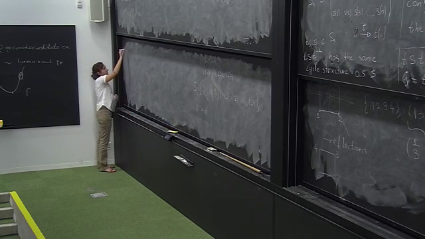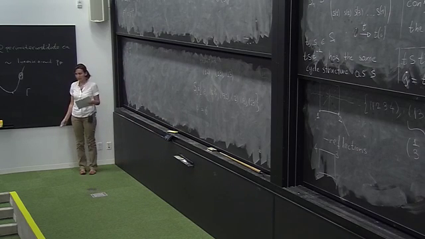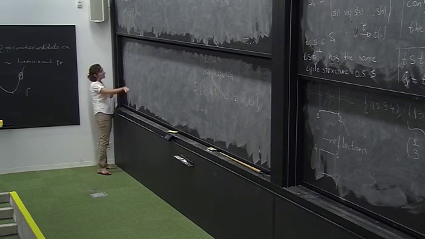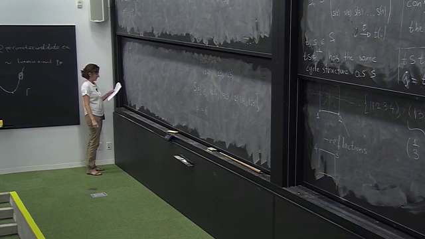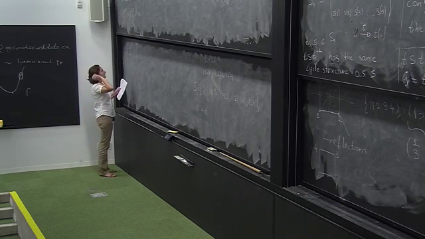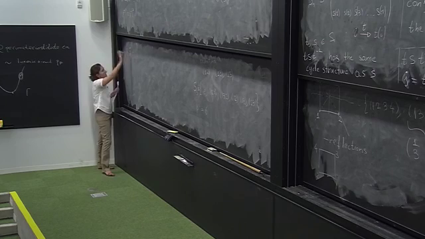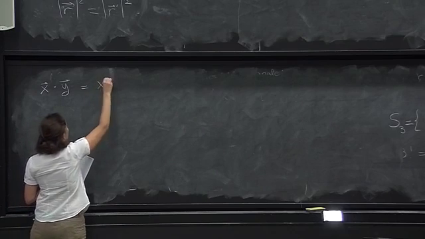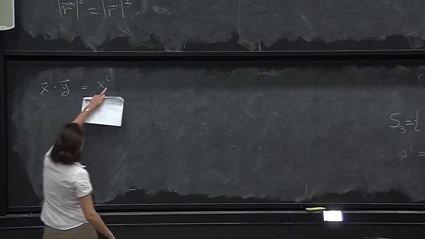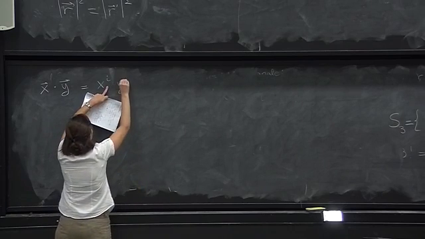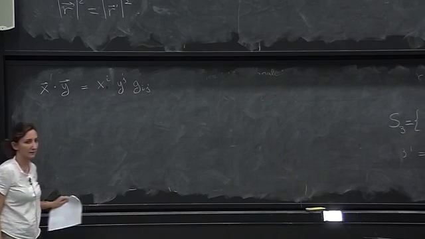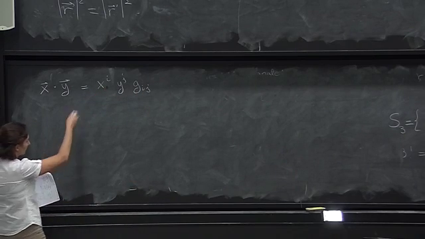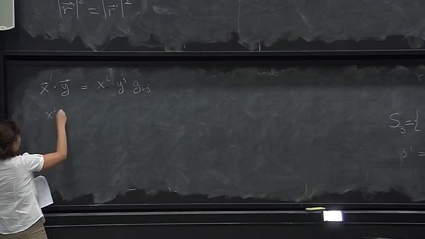Any scalar product of two vectors, x times y, should remain invariant under rotations. Now, what do we mean by this, first of all? We mean the ith component of x times the jth component of y times our metric g_ij.